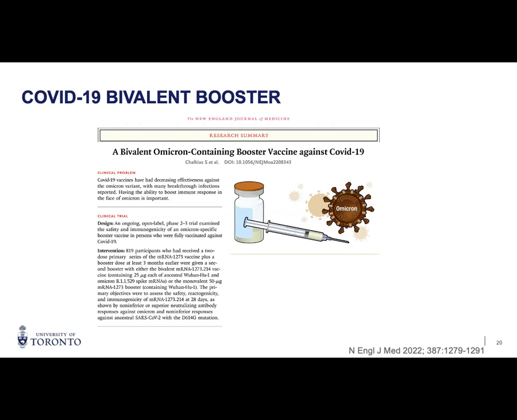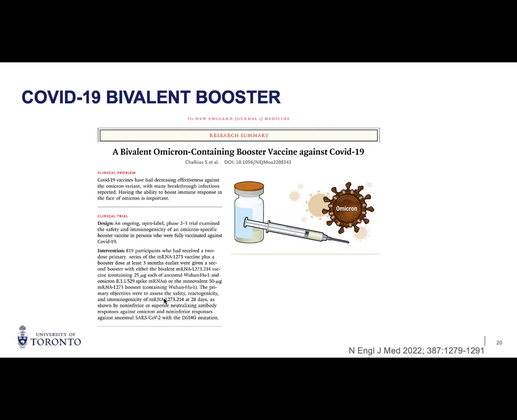They had 819 participants who had received a two-dose primary series of the mRNA-1273 vaccine plus a booster dose at least 3 months earlier, and were given a second booster with either the bivalent mRNA-1273.214 vaccine containing 25 micrograms of each ancestral Hu-1 and Omicron B.1.529 spike mRNAs, or the monovalent 50 microgram mRNA booster containing just the Wuhan Hu-1 strain.